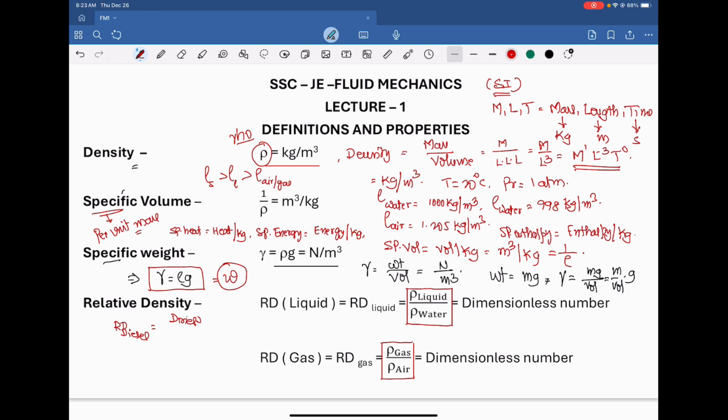If you see in the petrol pump, you will see that density is written there. What is the density of diesel? 850 approximately kg per cubic meter. What is the density of water? 1000 kg per cubic meter. What is the relative density of diesel? It will be 0.850.